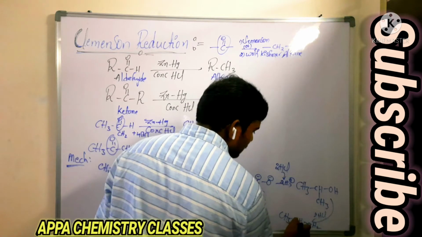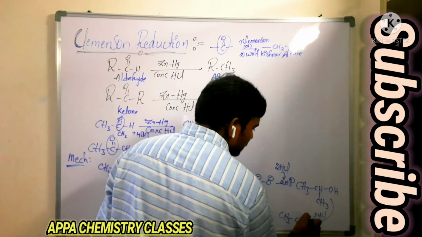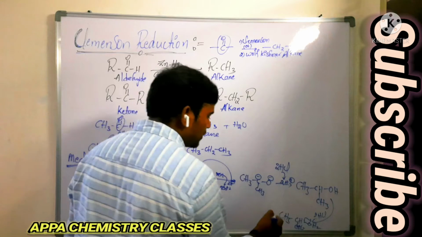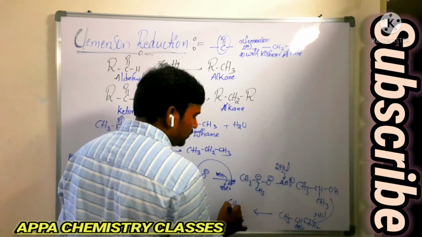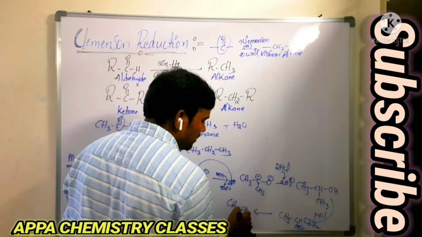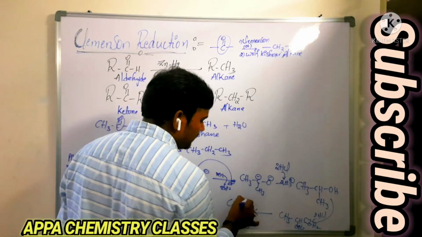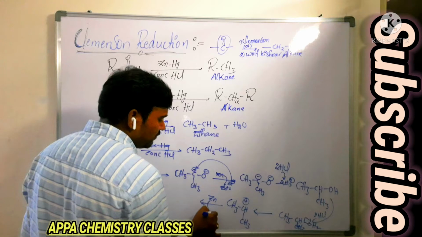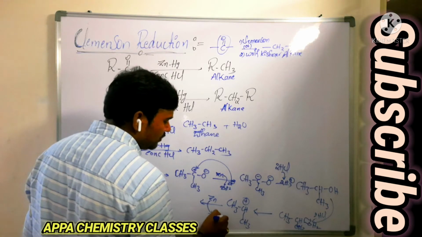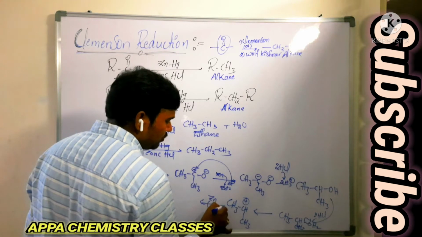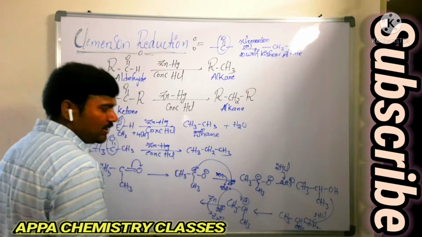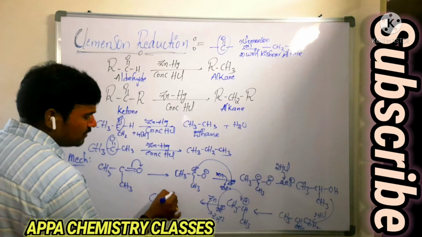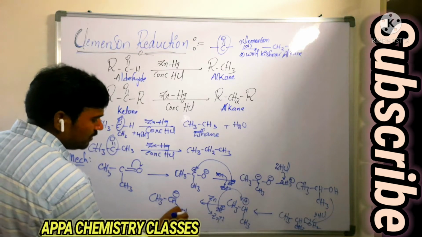So we get CH3-CH plus-CH3. Then, from the zinc amalgam, we again get 2 electrons, and those 2 electrons are gained by this CH plus. Again we get CH minus, CH3.